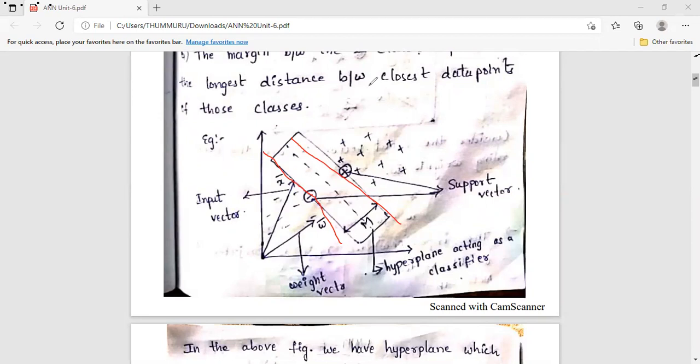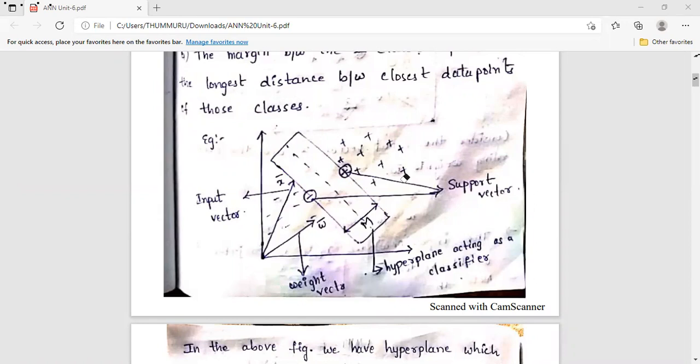That is the main advantage of SVM over the single layer perceptron, RBF networks and other classification techniques.